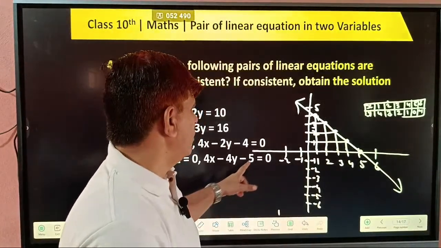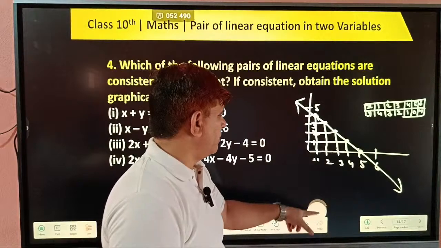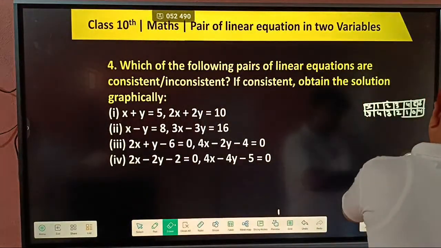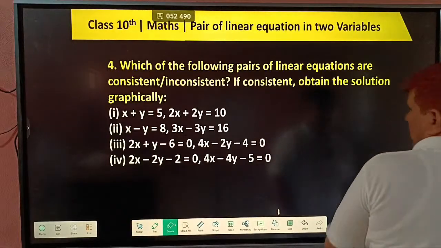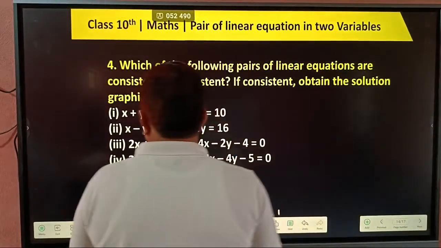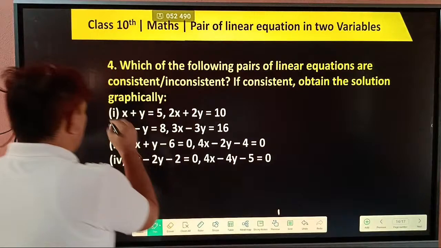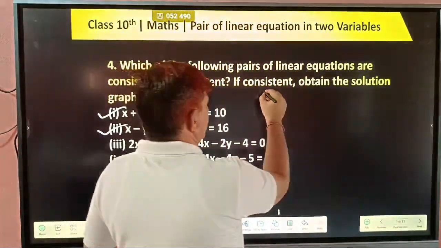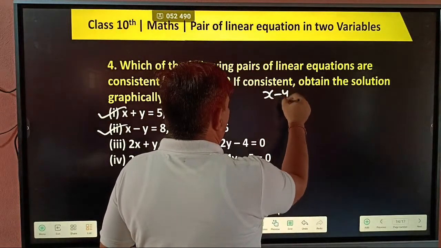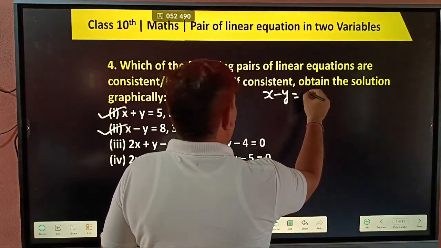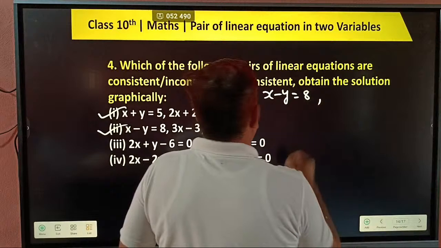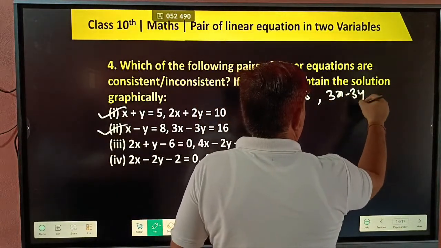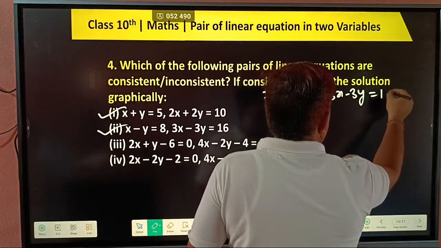So now what can we do? Try to understand the second part also like this. What's given? The first part is this. Now the second part: x minus y is equal to 8, and 3x minus 3y is equal to 16.